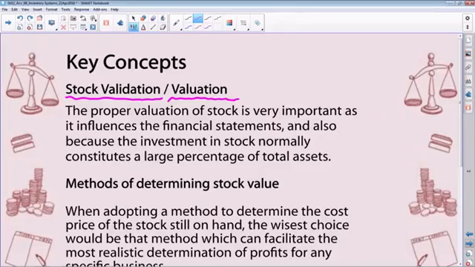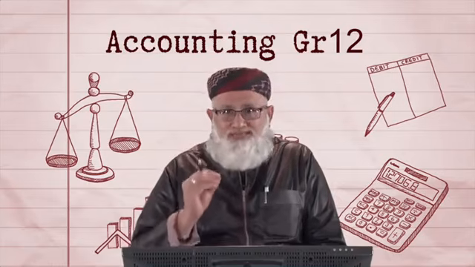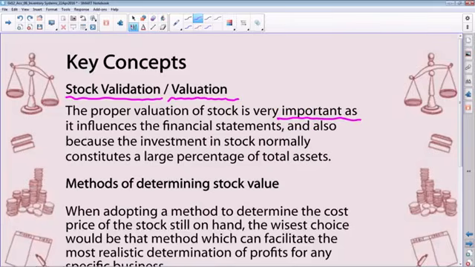Now, let's ask the question: why is it important to have your stock valued at the correct prices? Simple answer. Your stock value will have an important impact on your financial statements.